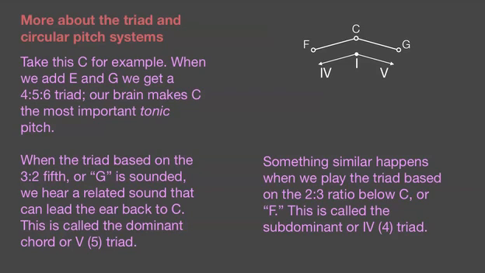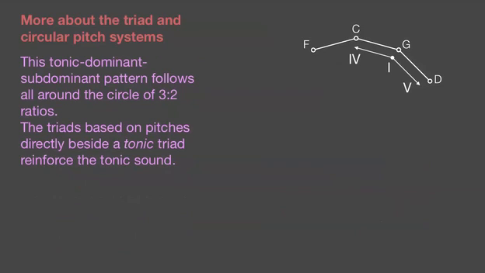And if we hear these triads in order, 4, 5, 1, we'll hear something very familiar, which is both a common cell phone ring and also a real shorthand, 4, 5, 1, for how our tonal system works. And these are called the tonic, subdominant 4, and dominant 5 chords.